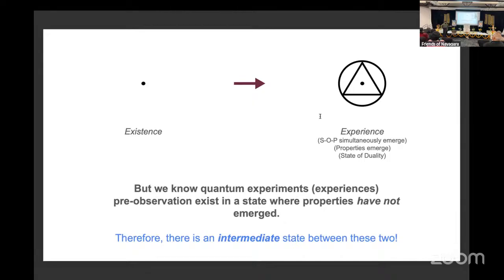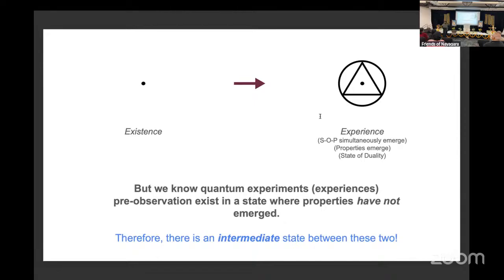But the system is still there. The system is still there, but properties have not emerged. Right? So that means there's an intermediate state between these two.